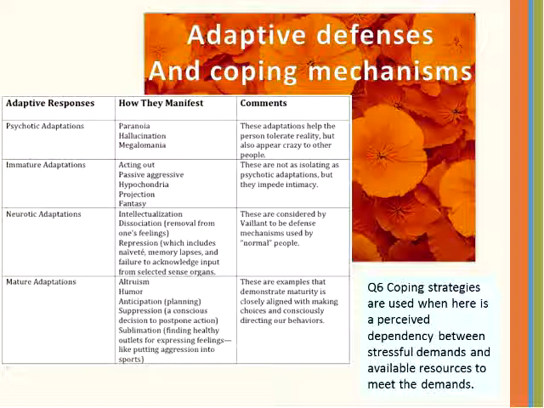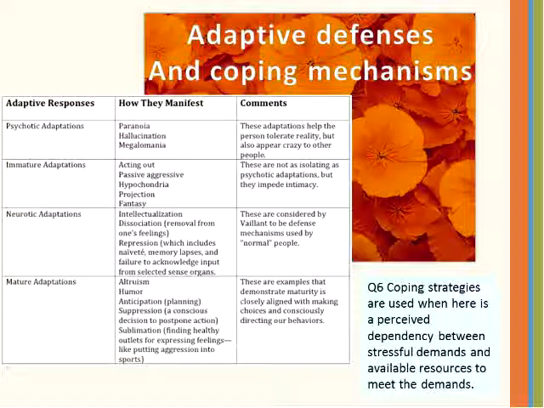I'm sorry for that, but what we are looking at here really is, do we have these coping strategies when we see a dependency between a stressful demand and the availability of resources? Sure we do, because a lot of times when we have a situation where we're not sure what to do and it's stressful, then we look for an avenue to take that's either going to make it less stressful or something that we can use to relieve some of that stress.